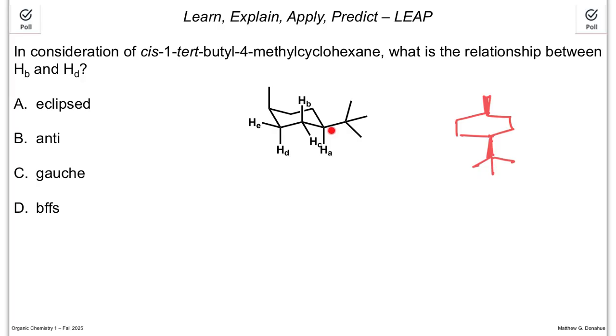So when I look at the two main substituents, I have a tert-butyl group and then a methyl group. They're both pointed up. So that means they're cis, and then I would use these bolded wedges to represent that. So the question asks, what is the relationship between HB and HD?